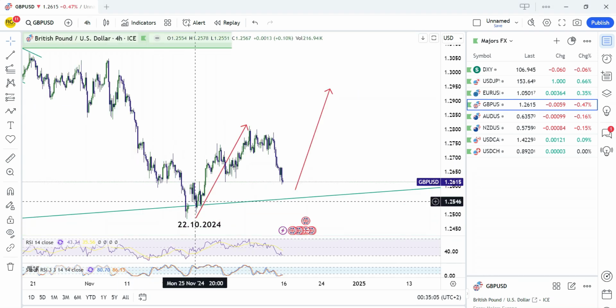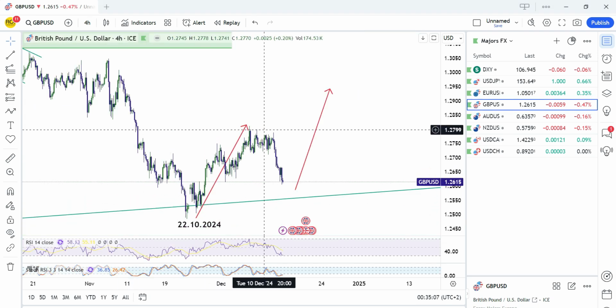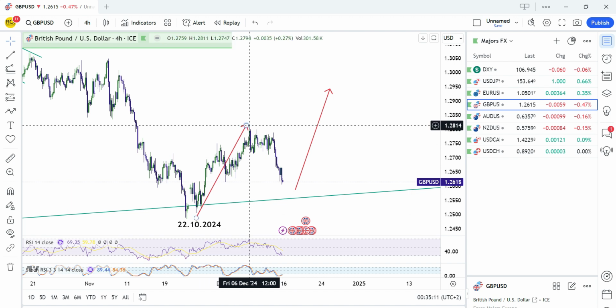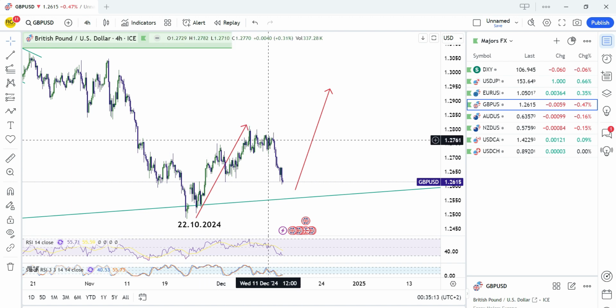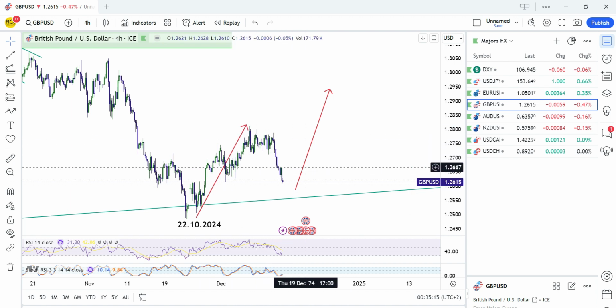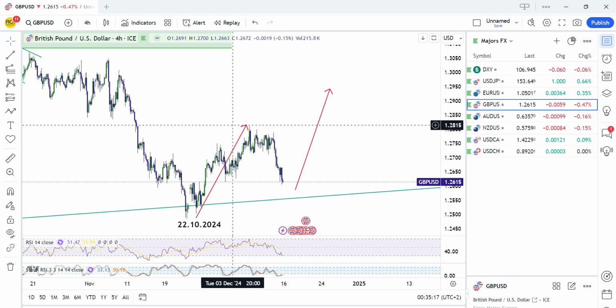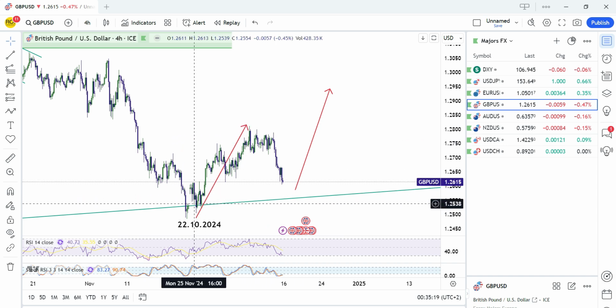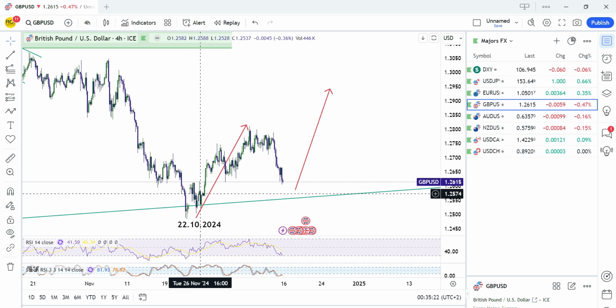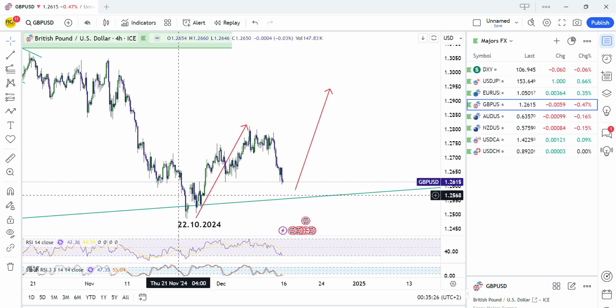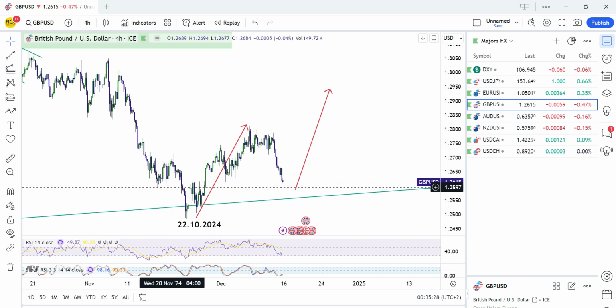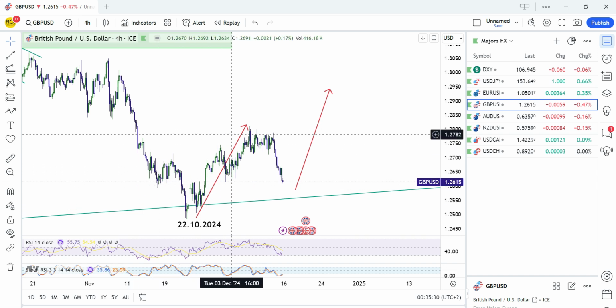The pound, similar idea. We have expected this move to the upside exactly at the 128 area. This is where the market provided this corrective for now reaction to the downside. So if you have been following us for a long time, and also in the previous weekly market forecast videos, you have been aware that we have been biased to the upside from this area to the pound dollar.